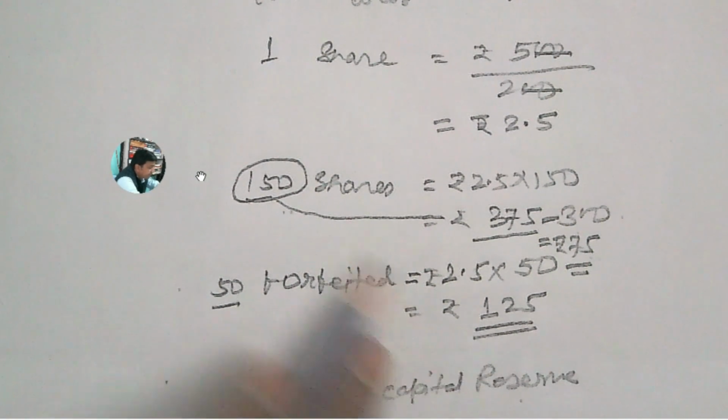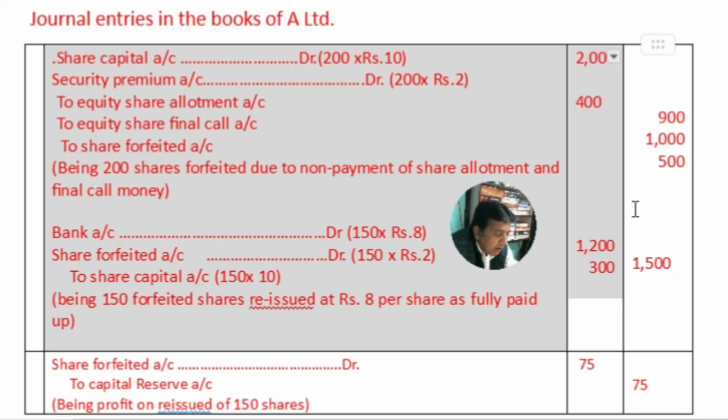This is how a problem is solved, and this type of problem is very important. You need to practice some more similar sums. I have explained this problem referring to two different methods, especially when profit arises on the reissue of forfeited shares, and that amount shall be transferred from share forfeited account debit to capital reserve account with the help of this journal entry.